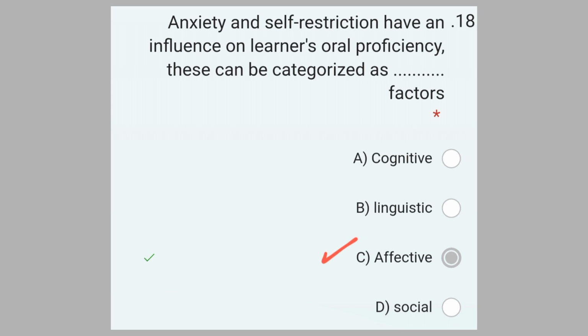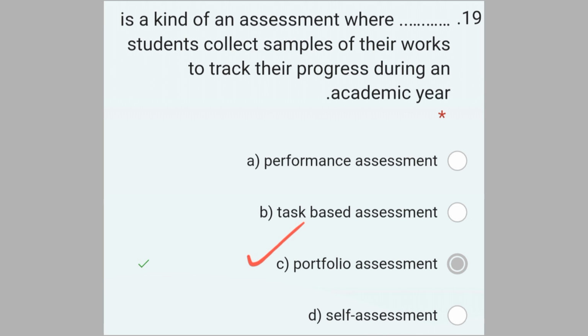18. Anxiety and self-restriction have an influence on learners' oral proficiency. These can be categorized as factors. A. Cognitive. B. Linguistic. C. Affective. D. Social. 19. Is a kind of assessment where students collect samples of their work to track their progress during an academic year.